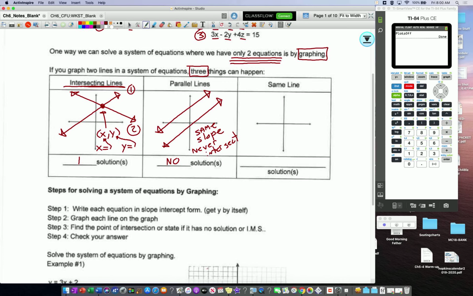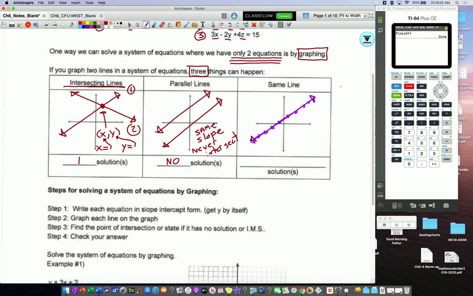Now, the last one, same line. What happens is the two equations can totally look different, but when you end up graphing them, here's the first line right here, and then when you go to graph that second line, it happens to be the exact same line. So they end up right on top of each other. So what that means is every single point on this line is a solution.